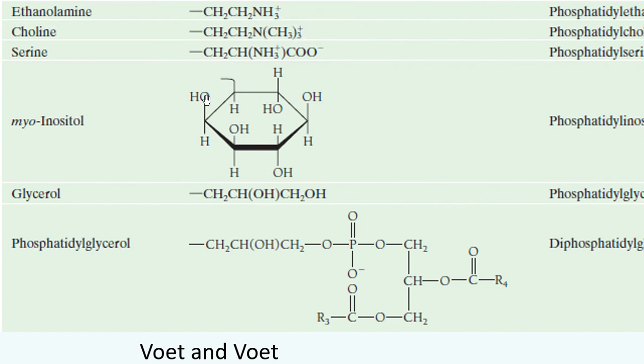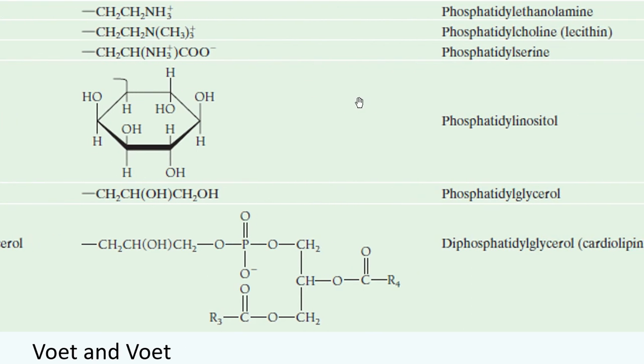So this is cyclohexane hexanol. That means it is a cyclohexane which contains 6 hydroxyl groups, one on each carbon. One of the hydroxyl groups undergoes a reaction with phosphatidic acid, and therefore this inositol is attached to phosphatidic acid, thus producing phosphatidyl inositol.